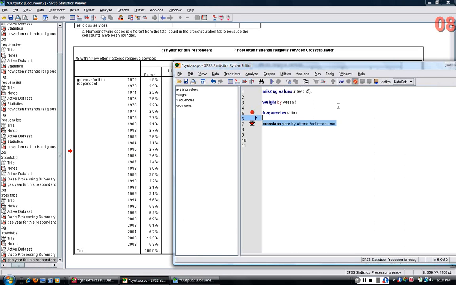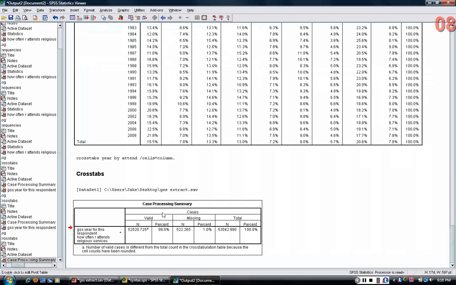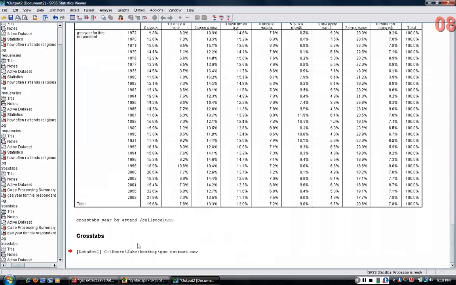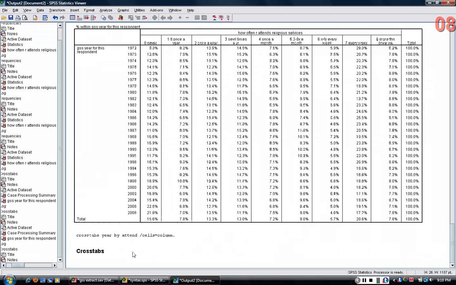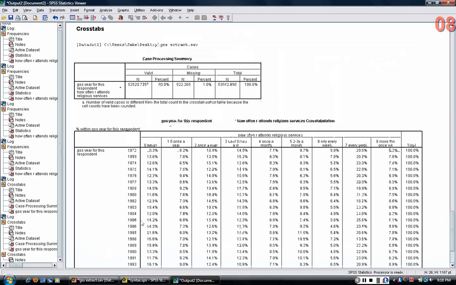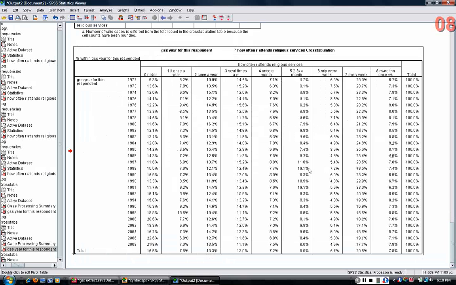So it's really important whenever you're doing a cross-tabulation to pay attention to which type of percentage makes sense. It differs depending on the kind of analysis you're looking at. And so this table I can delete by highlighting it and just clicking on delete, and focus then on this main table.